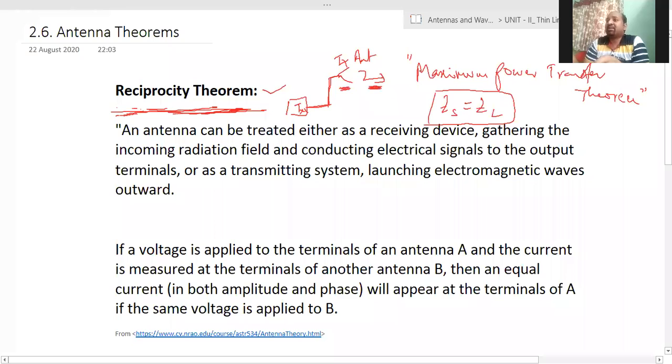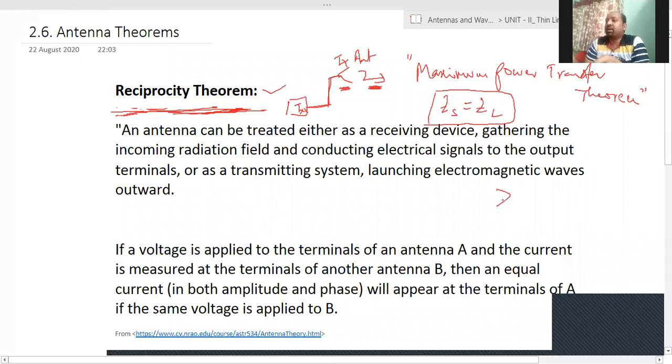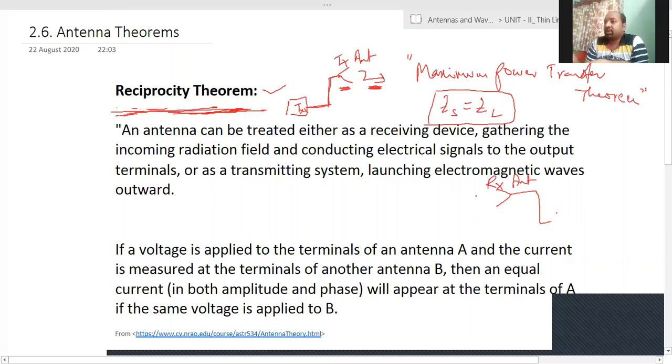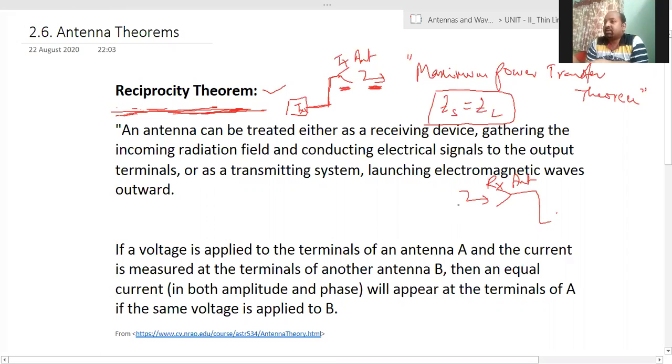And similarly at the receiving end also. So this is the receiving antenna, and the receiving antenna receives the incident wave.